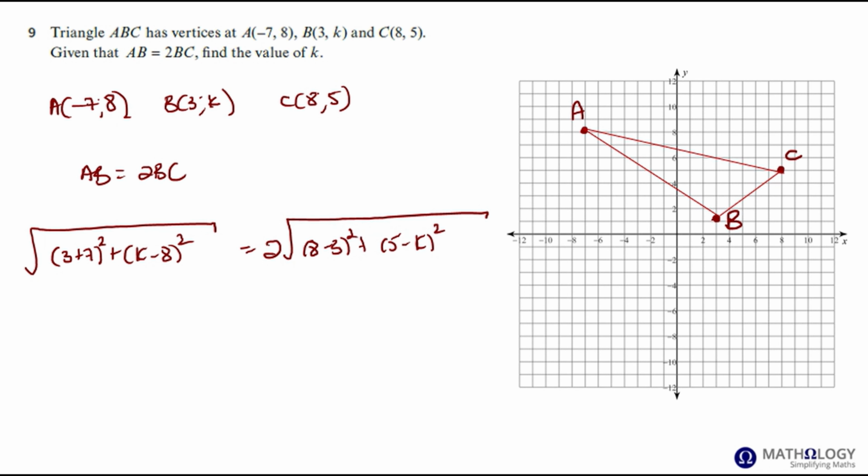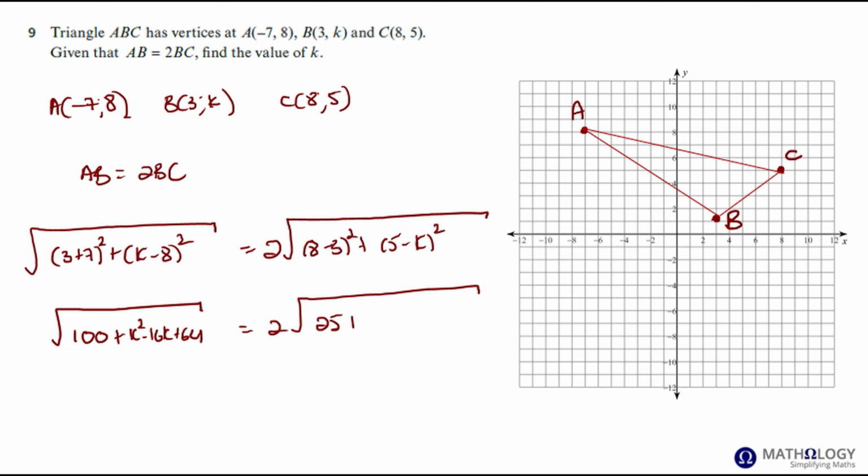Now squaring both sides, let's first simplify what's underneath the square root. 3 plus 7 squared, that's going to be 10 squared, which is 100, plus K squared minus 16K plus 64. That equals 2 times the square root of (8 minus 3) squared, which is 5 squared, 25, plus 25 minus 10K plus K squared.